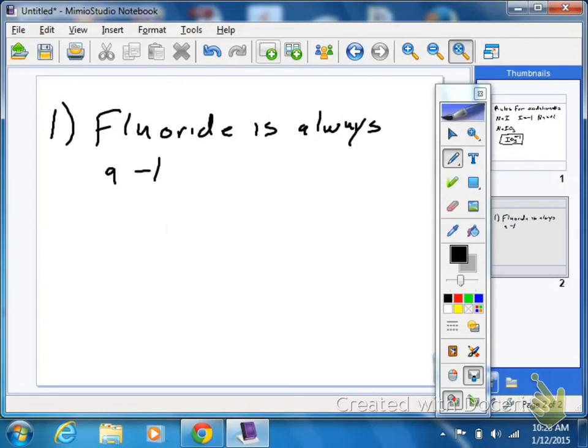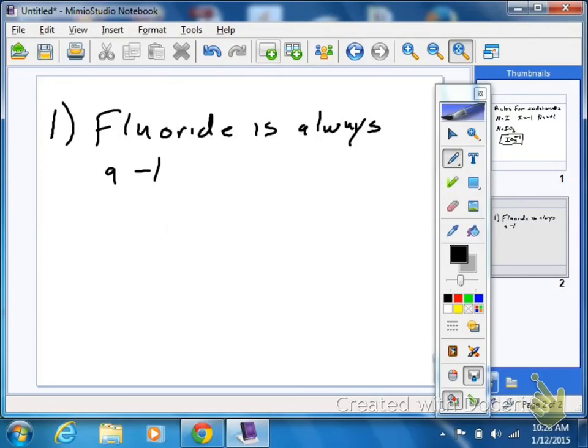You know somebody that has a lot of character, no matter if somebody's watching them or they're by themselves, they do the right thing. You know when you're dealing with that person, they're going to do the right thing all the time. That's why fluorine's always a -1. It always is going to be that way.